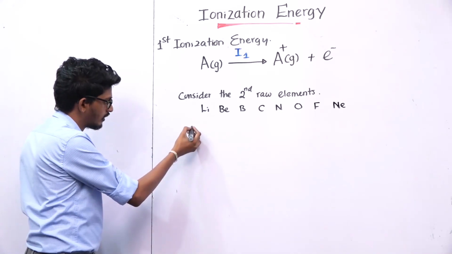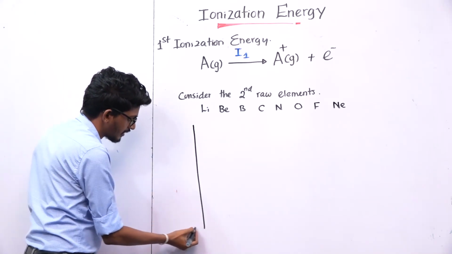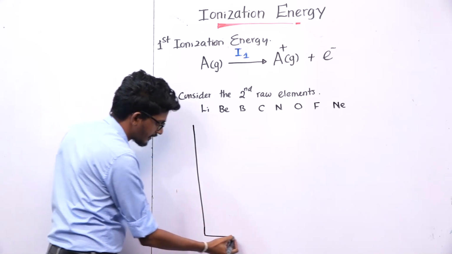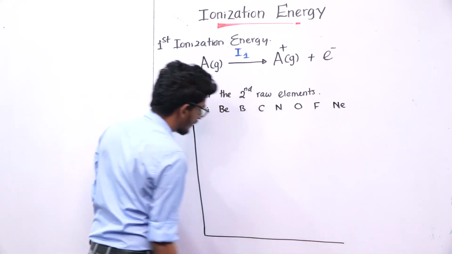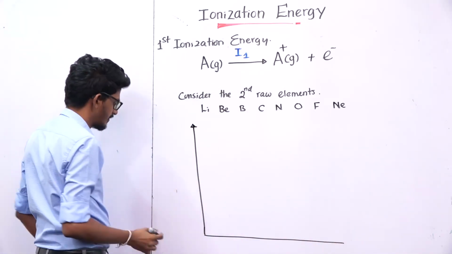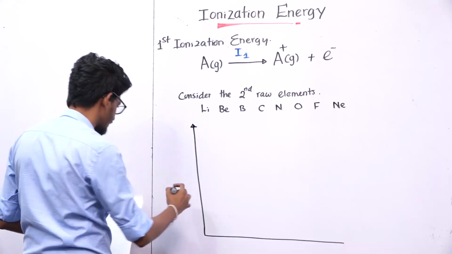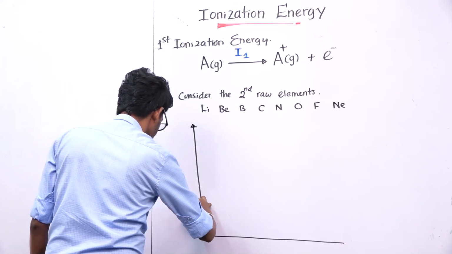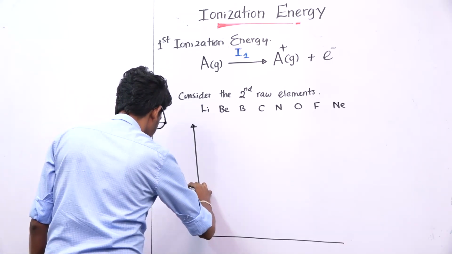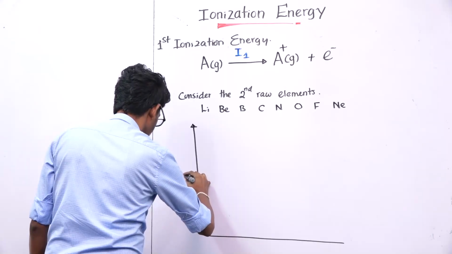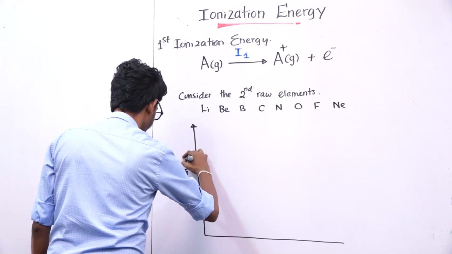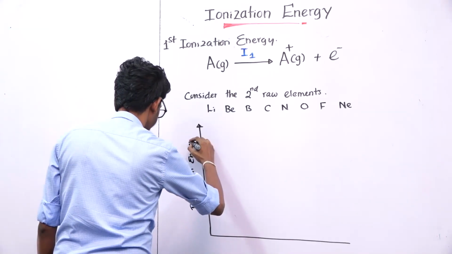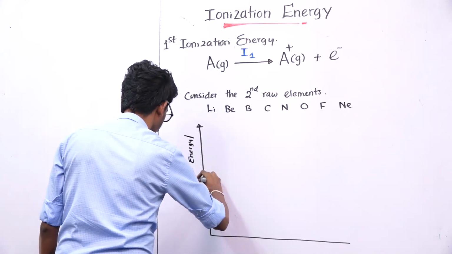Okay, so let's come up with a graphical form. Here, on this axis, is the ionization energy in kilojoules per mole.